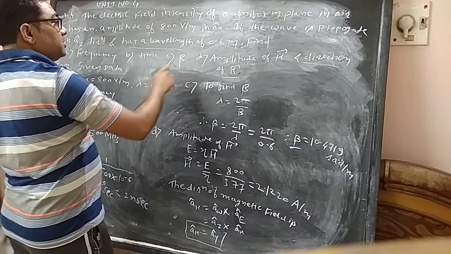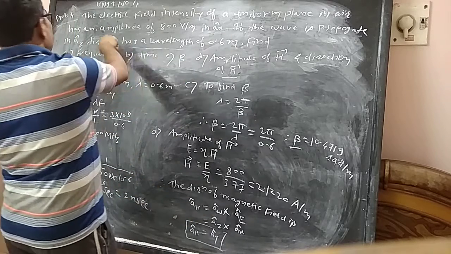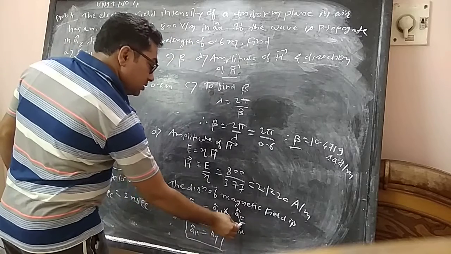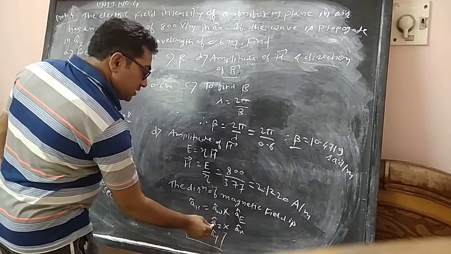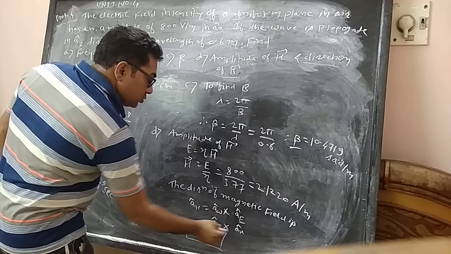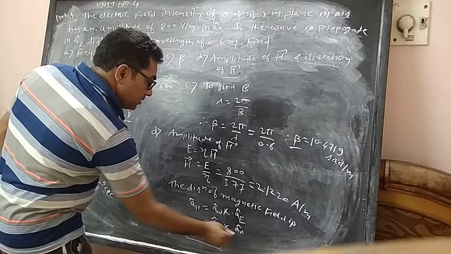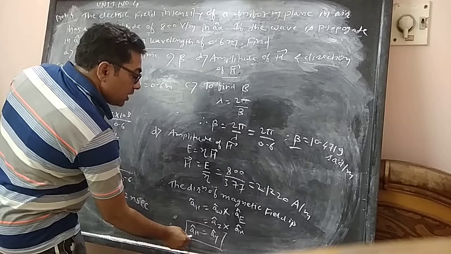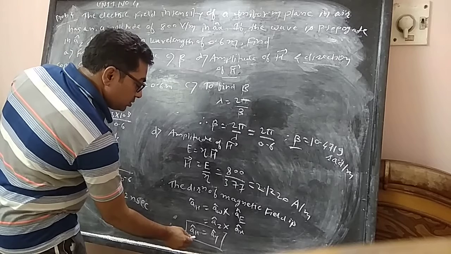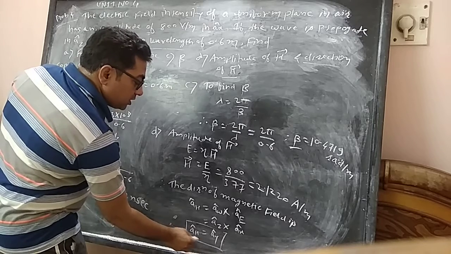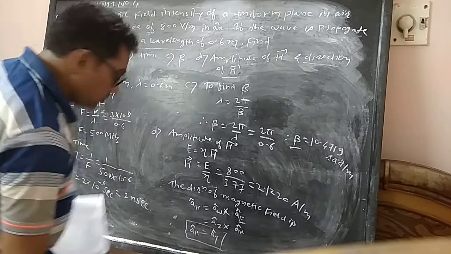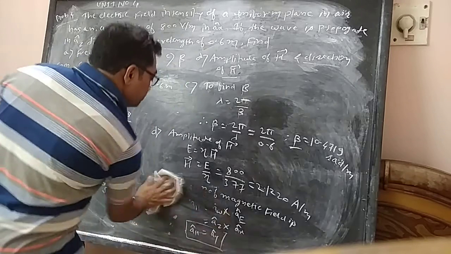And it is given that the uniform plane wave has an amplitude of 800 volt per meter in x direction, so aE is aX. So aW is aZ and aE is aX. The cross product of aZ multiplied by aX is aY. Therefore the direction of the H vector is aY. So this is about problem number 4.